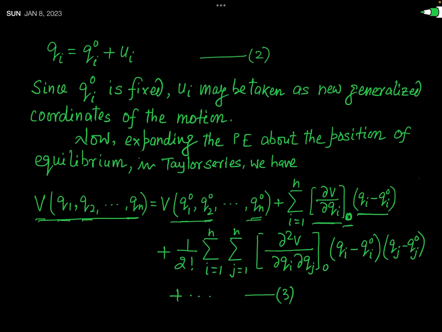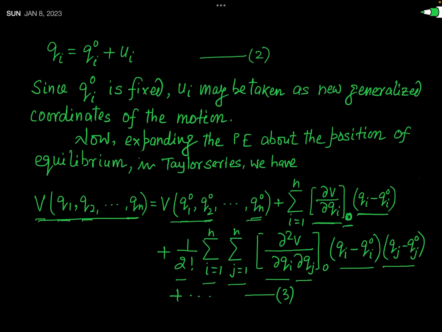And the second term is 1 over 2 factorial, summation over i from 1 to n, summation over j from 1 to n, del 2V by del Qi del Qj at 0, times Qi minus Qi0 times Qj minus Qj0, and so on.